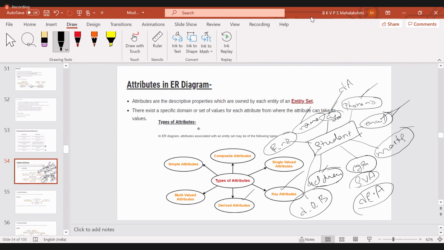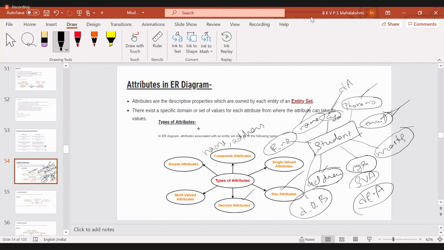So, I'll just at first give you the example for the composite attribute. Out of all these attributes, I can give you the example for the composite attribute: name and address.